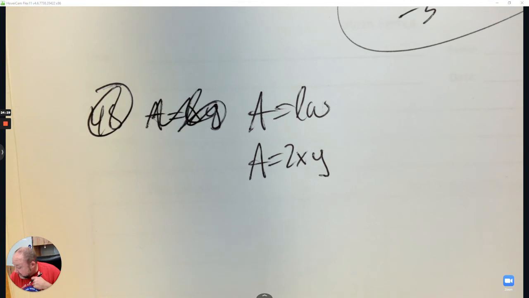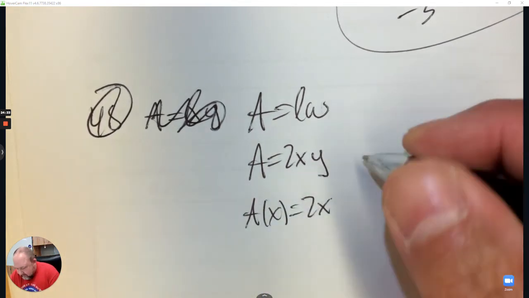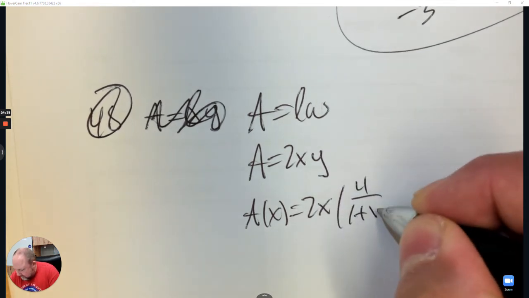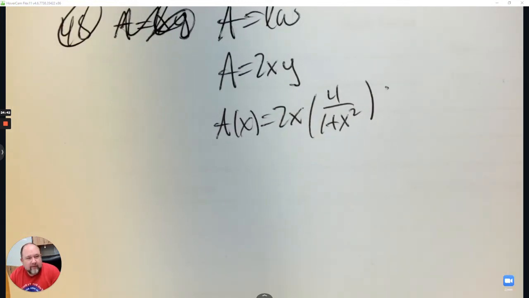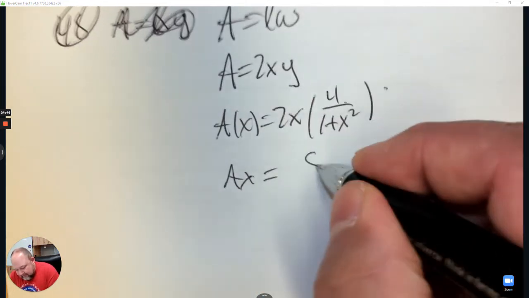In the question it says that y equals 4 over 1 plus x squared. So I'm going to multiply that together.